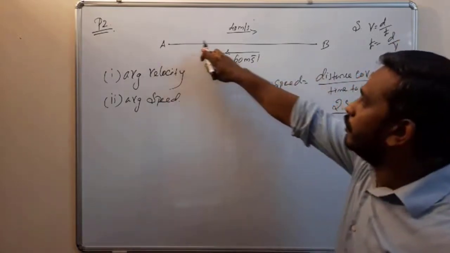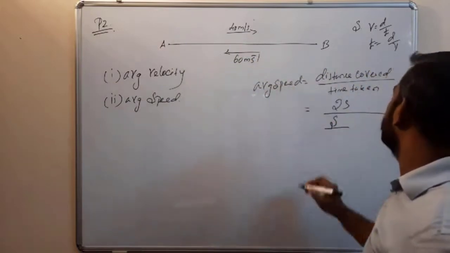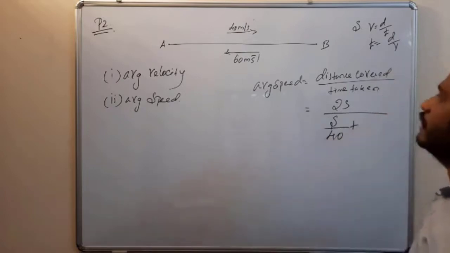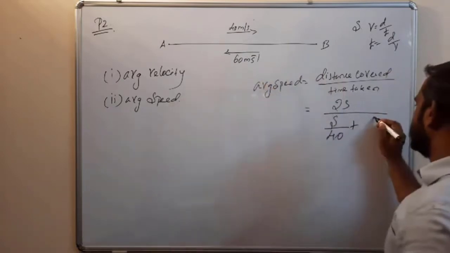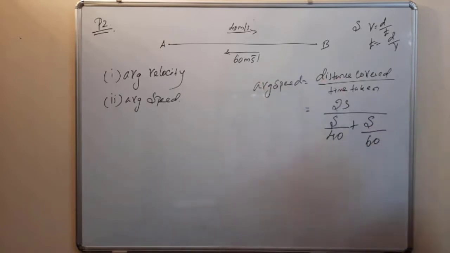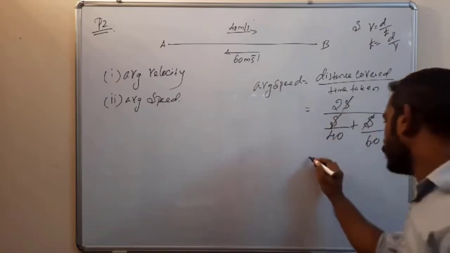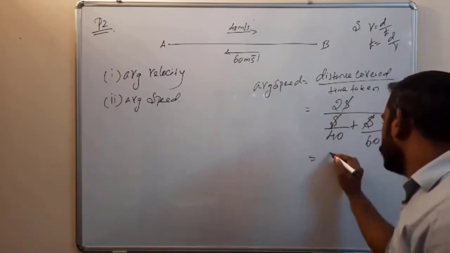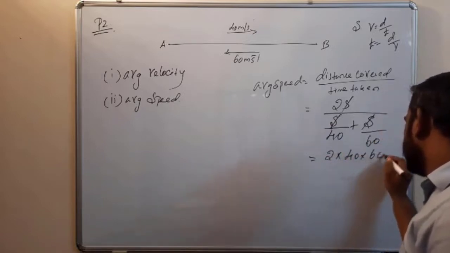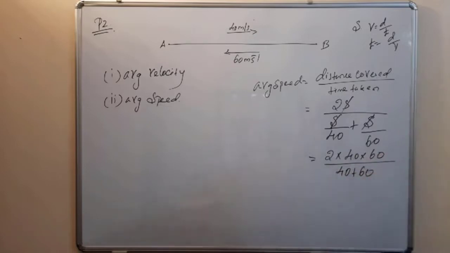For the forward journey, the distance is s by velocity, that is 40, plus for the backward journey, s divided by the velocity, that is 60. So this s and this s will cancel. That's equal to 2 into 40 into 60 divided by 40 plus 60.